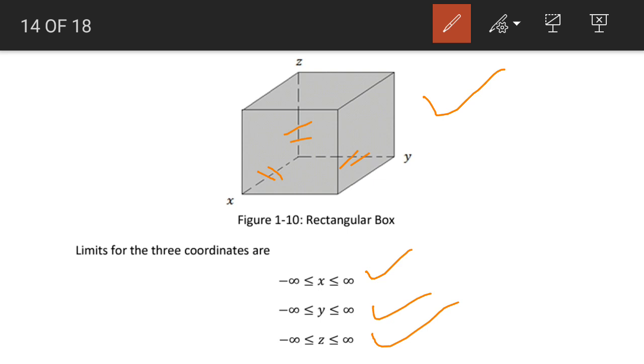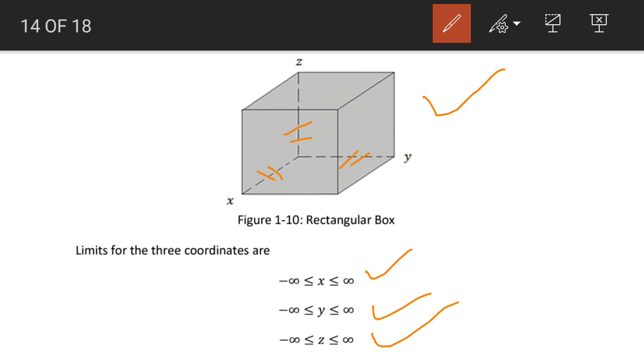How do we find out the scalar product of two vectors in the cylindrical coordinate system? And how do we represent the vector product of two vectors in the cylindrical coordinate system? How do we calculate the cross product or the vector product of two vectors in the cylindrical coordinate system?